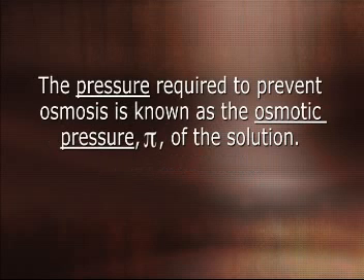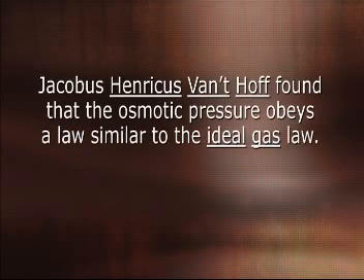The pressure required to prevent osmosis is known as the osmotic pressure, pi, of the solution. Jacobus Henricus van 't Hoff found that the osmotic pressure obeys a law similar to the ideal gas law. Let us continue.